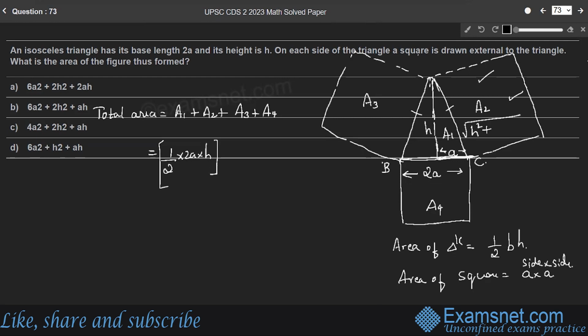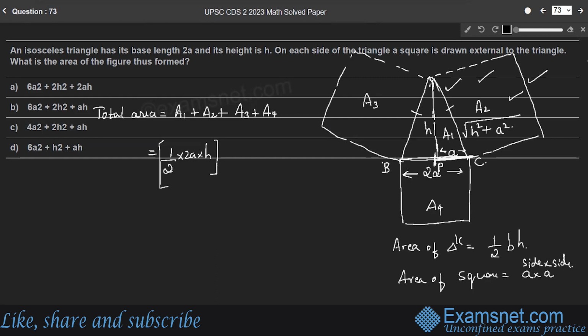Since we have an isosceles triangle, the line from the vertex cuts the base. Therefore, in the right angle triangle, if you call the point P, PC is equal to a. Therefore, root of h square plus a square gives the hypotenuse, which is nothing but the side of the square A2.